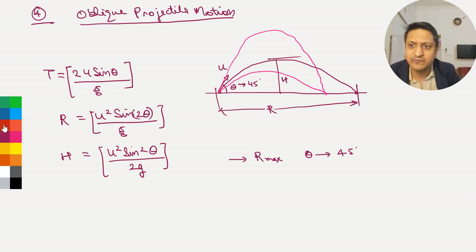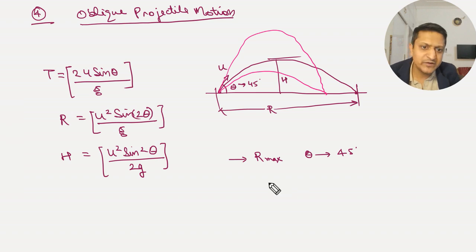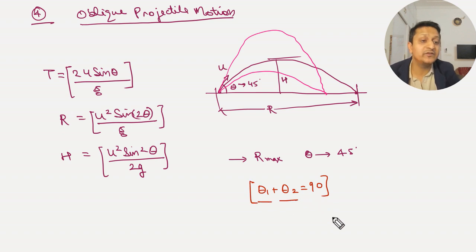There is a new formula for that, which says that theta 1 plus theta 2 will be equal to 90. If theta 1 plus theta 2 is equal to 90, they will give you the same range. Suppose this is 30 and this is 60, which is equal to 90.